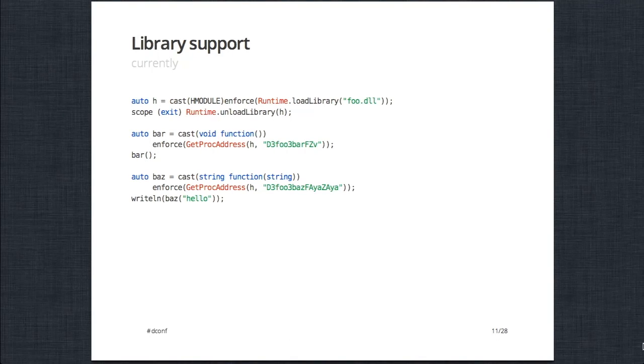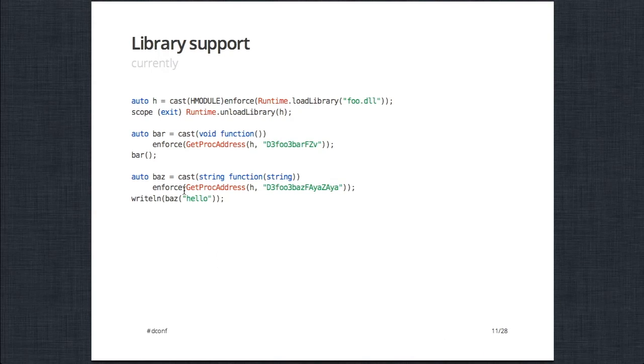If you use it on Windows, it looks like that. Can you read it, actually? It looks very small. OK. So you can load the library on Windows. You already have to cast that to an HMODULE handle. There's some scope exit to unload it.